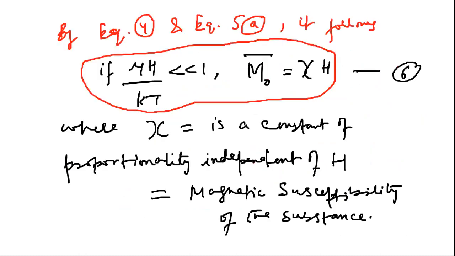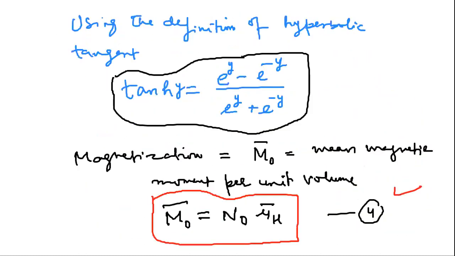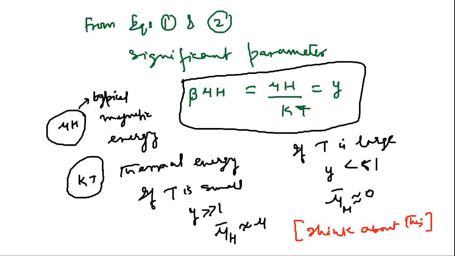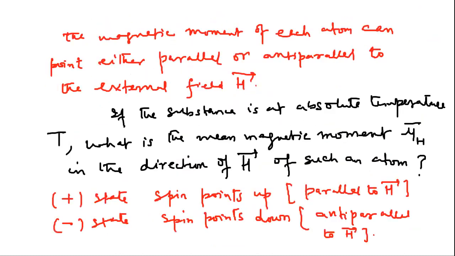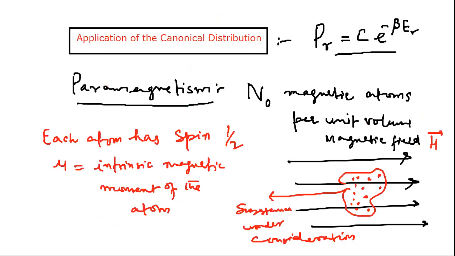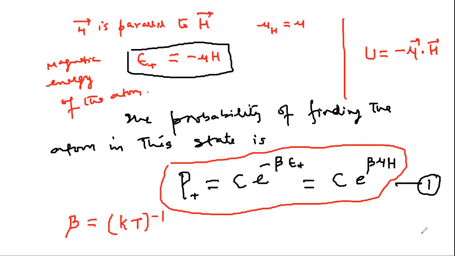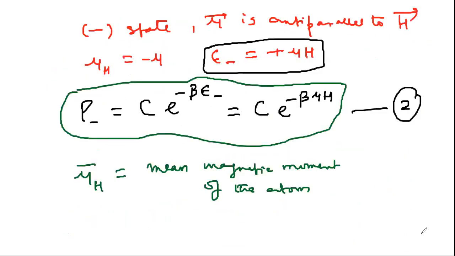So before leaving you, I will just summarize the lecture. Today we used the canonical distribution to establish some results pertaining to paramagnetism. We put this paramagnetic substance inside the magnetic field, and then we said qualitatively what should happen.